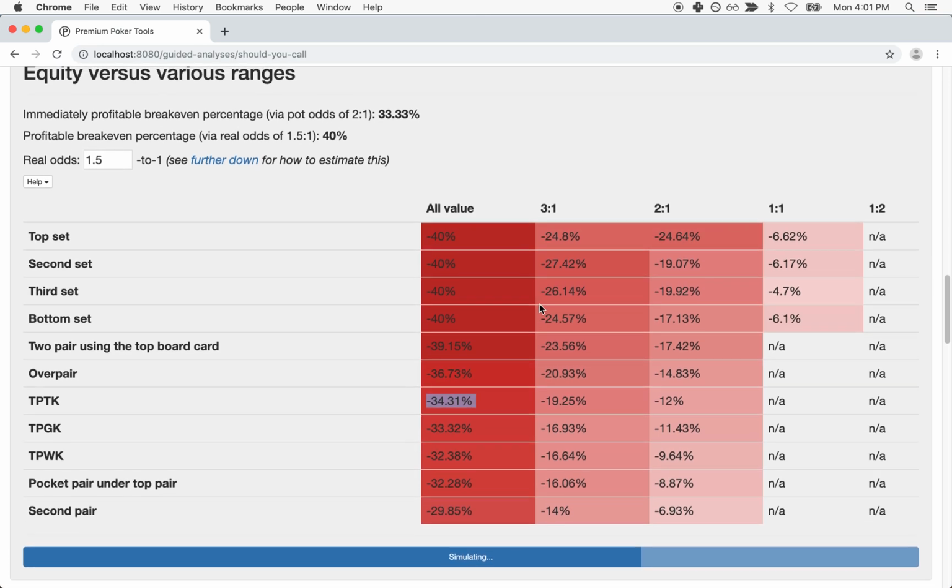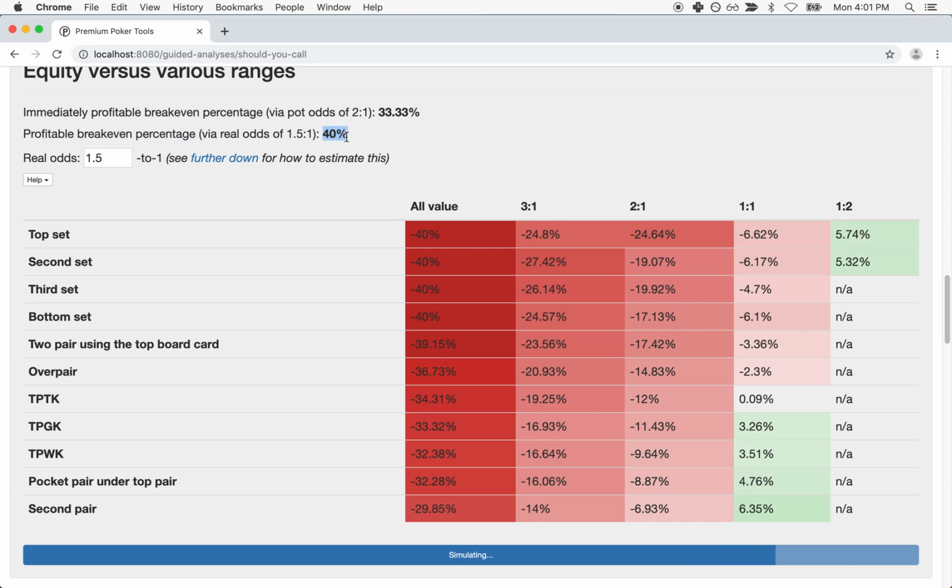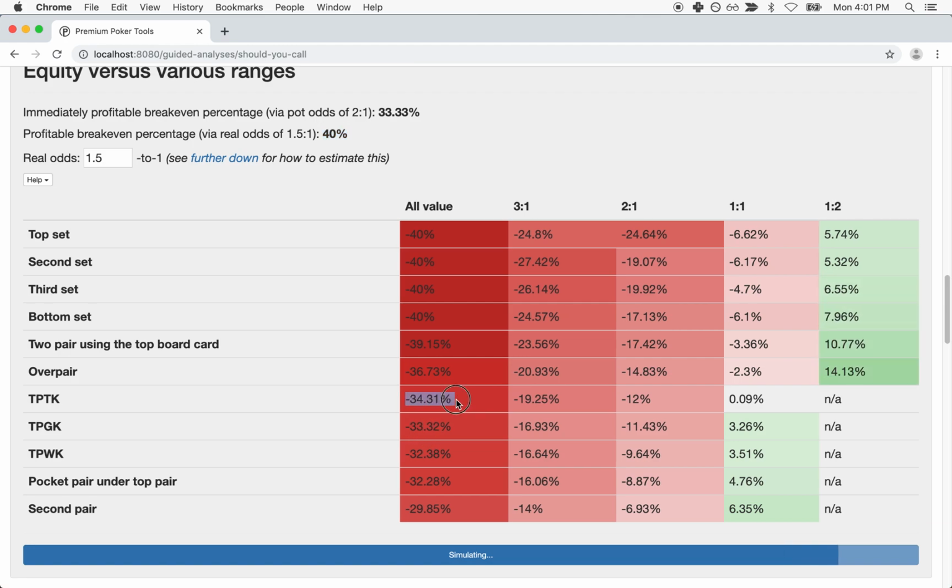We need 40% equity, but we have 33%, so we only have about 7% less. That's what this is saying here. By saying they're only value betting top pair, top kicker, and better, it's like saying they're not value betting top pair with a good kicker. They're not value betting top pair with a weak kicker.